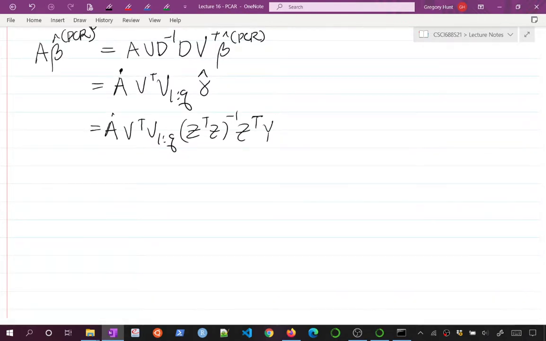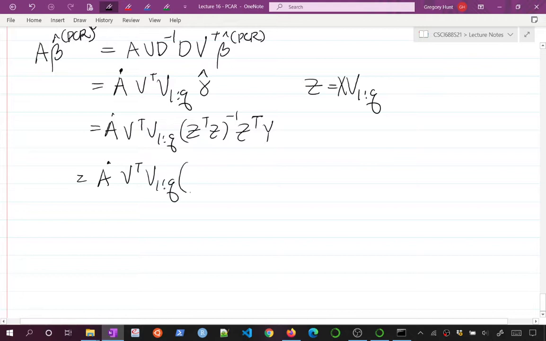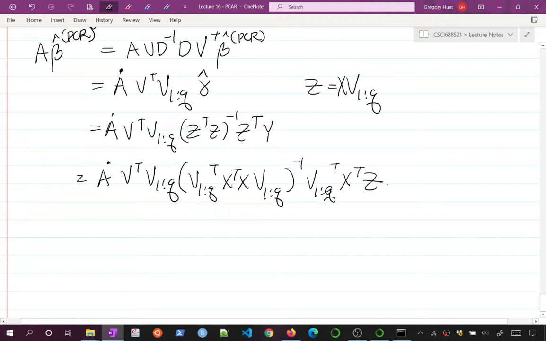And Z, of course, was X times V1 to Q. So we get an A dot, V transpose, this, and Z transpose Z, according to this, is basically V1 to Q transpose X transpose X times V1 to Q, inverse, and Z transpose is V1 to Q transpose X transpose Y. Okay.